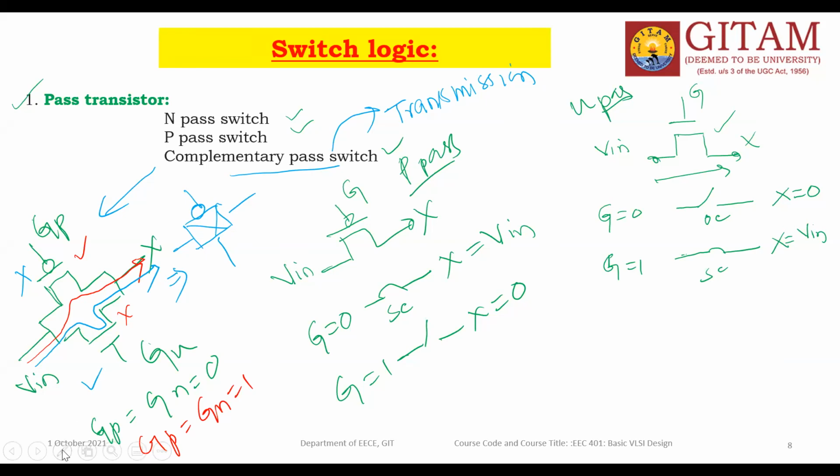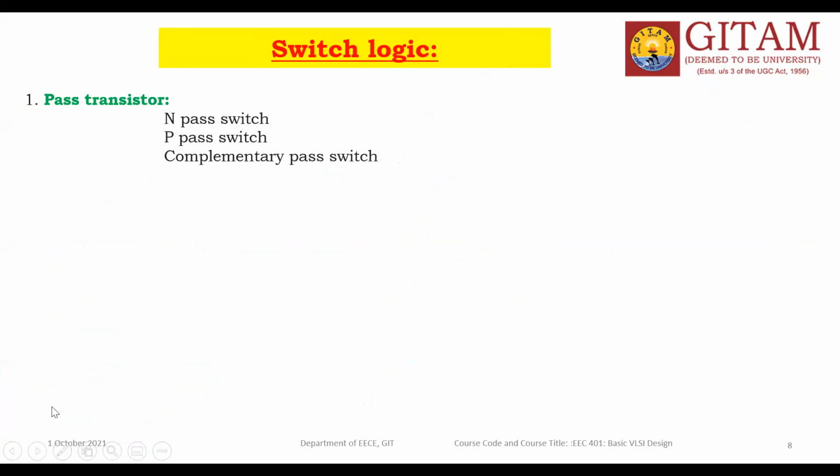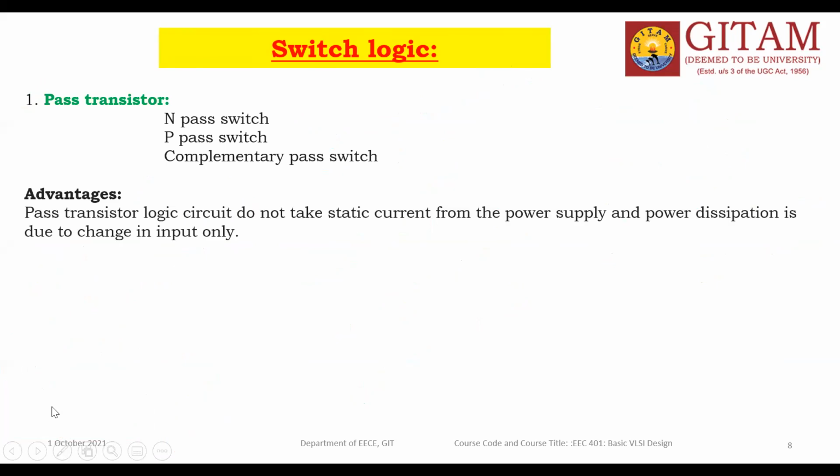Okay, I hope everybody is understanding. Now, what are the advantages of pass transistor switches? Pass transistor logic does not take static current from the power supply, and power dissipation is only due to a change in input. Any of this logic comes under pass transistor logic.